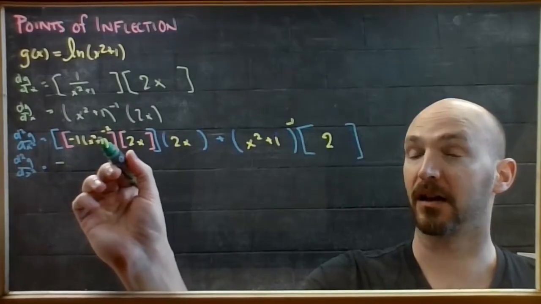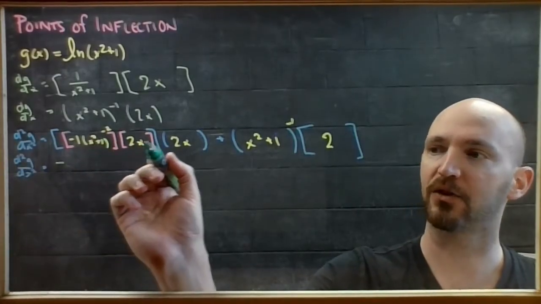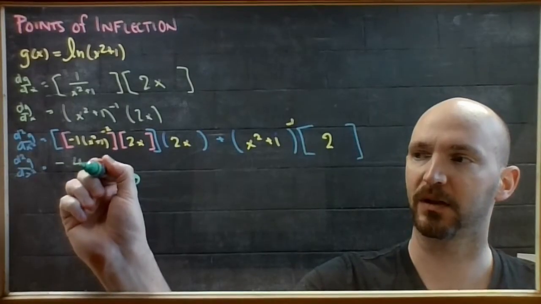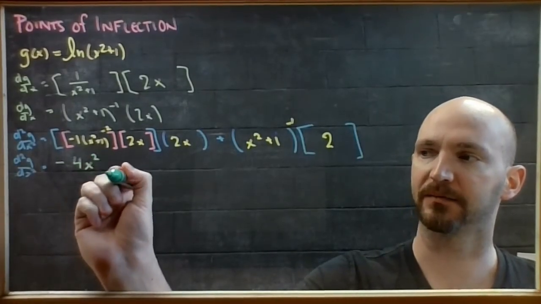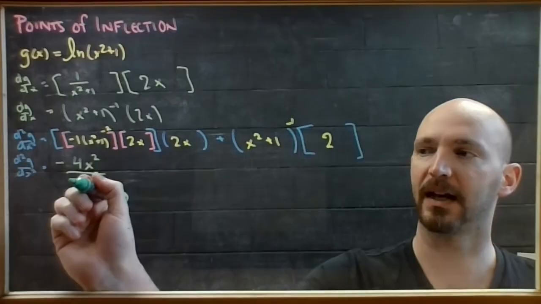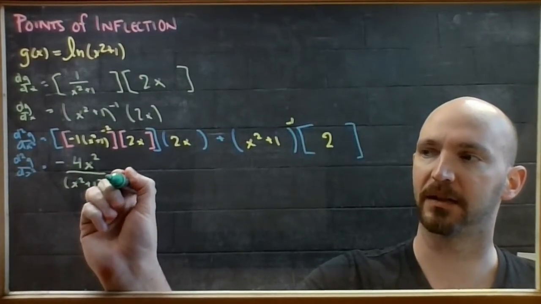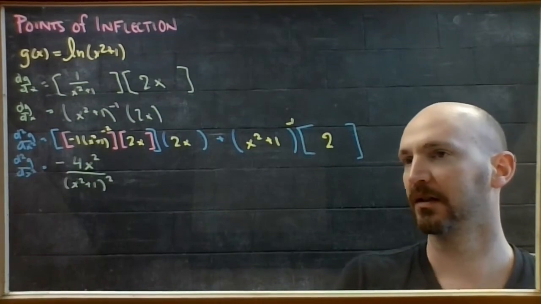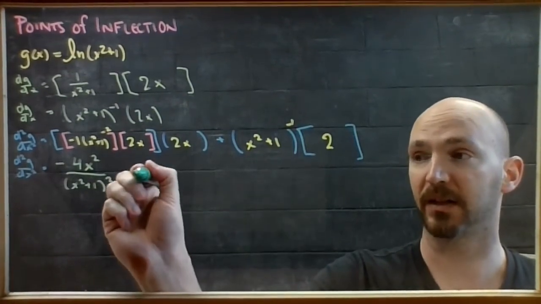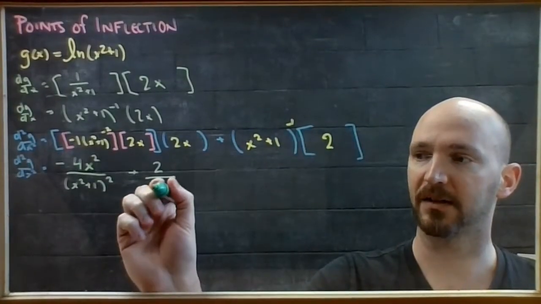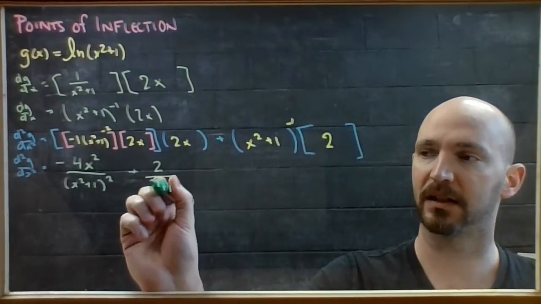This piece is in the denominator, and then this is in the numerator, as is this. So 2x times 2x would be 4x squared, and I have an x squared plus 1 in the denominator, squared. From this term, I have a plus 2 in the numerator, and an x squared plus 1 in the denominator.